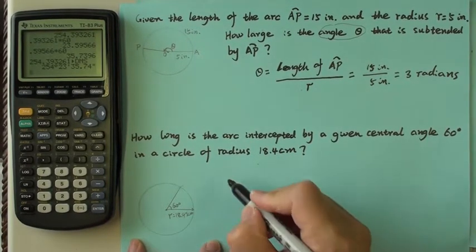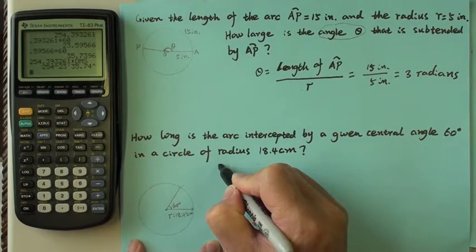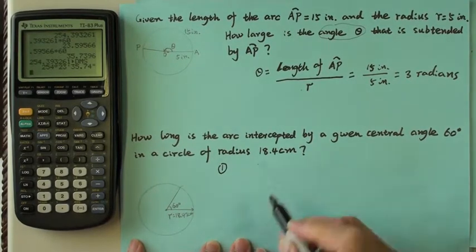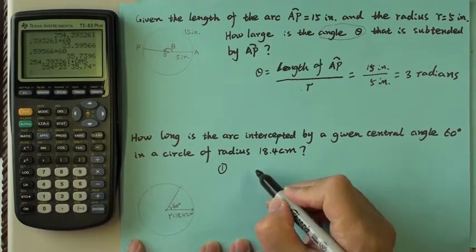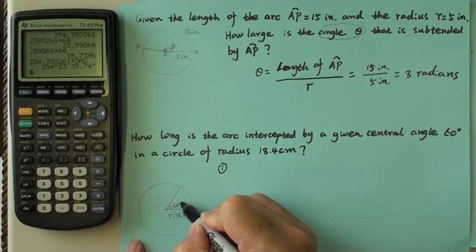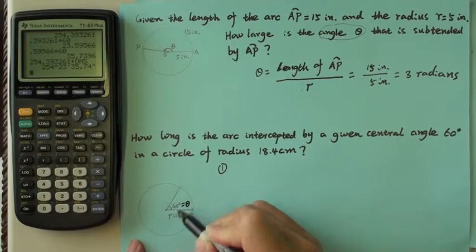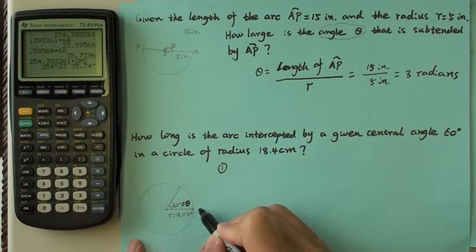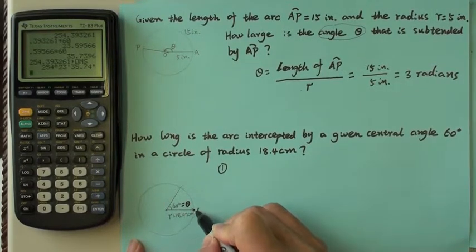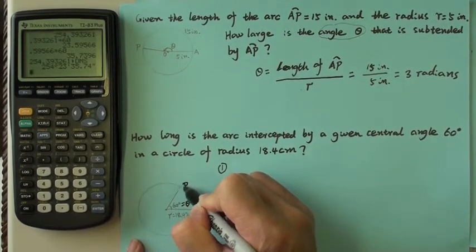Here we need to do two things. Let's say this angle is theta, and A is here and P is here.